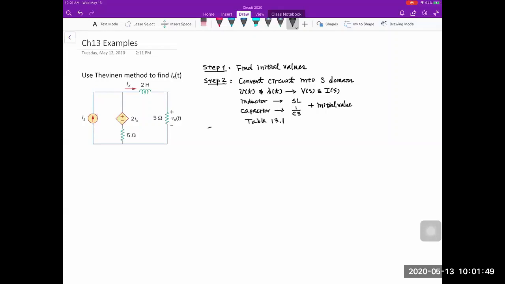After this, the next step is to use the Thevenin technique to solve the circuit, but this is going to be in the S domain, so everything is in Laplace. The last step is to convert that into the time domain.